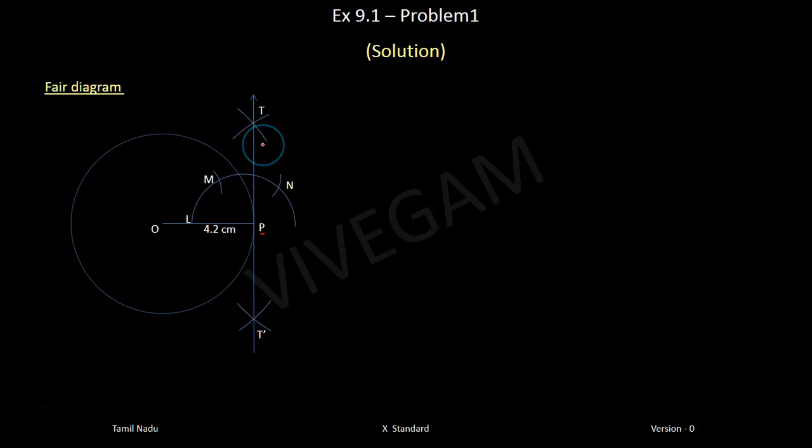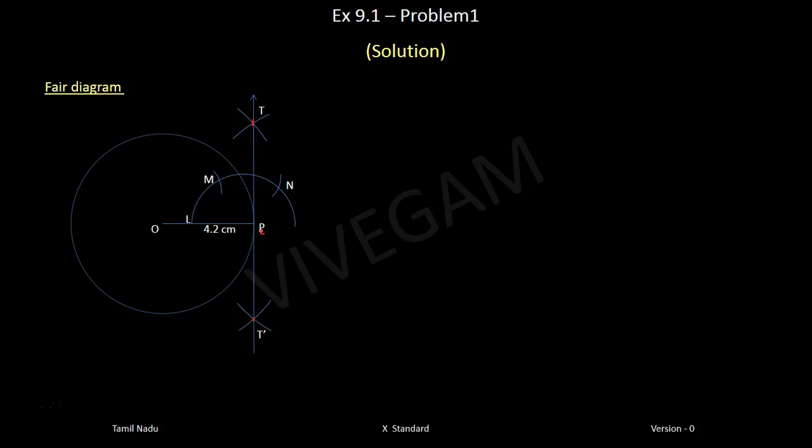These two sets of arcs will intersect at two points. Now all you need to do is join these two intersecting points, and that is the bisector of MPN, and that is also the tangent to the circle at point P. Name them as T and T dash. So TPT dash is a tangent to the circle at the point P. I hope it's clear.